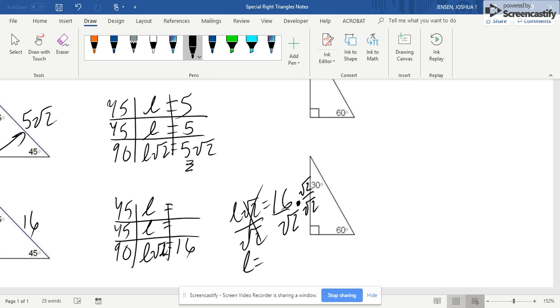When you do that, L is equal to 16 times the square root of 2 on top, and the square root of 2 squared on the bottom is just 2, which simplifies because 2 goes into 16 8 times. So that's 8 square root 2. That means L is 8 times the square root of 2. All right.